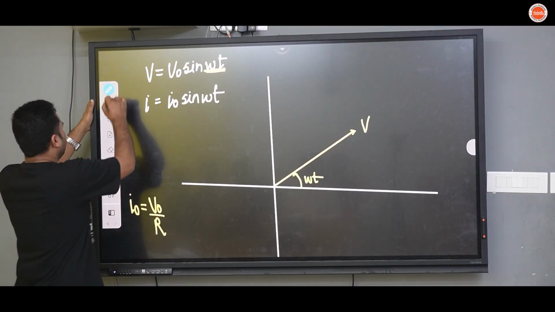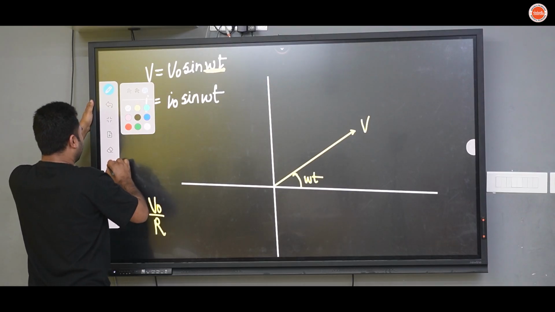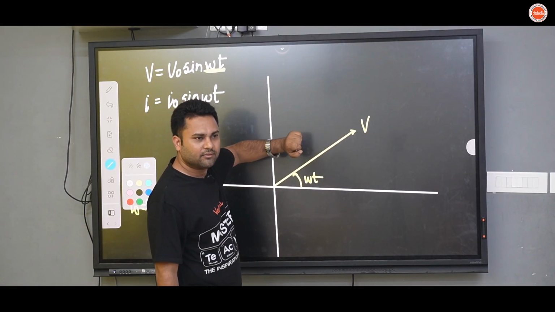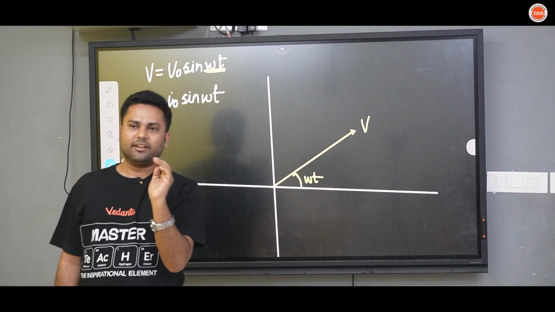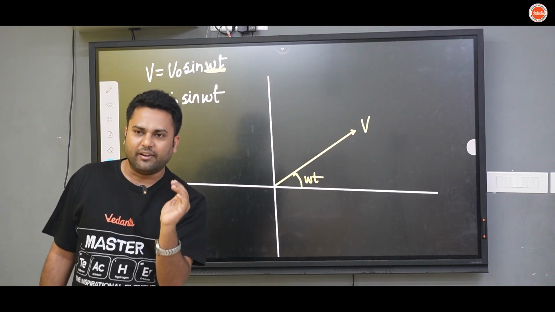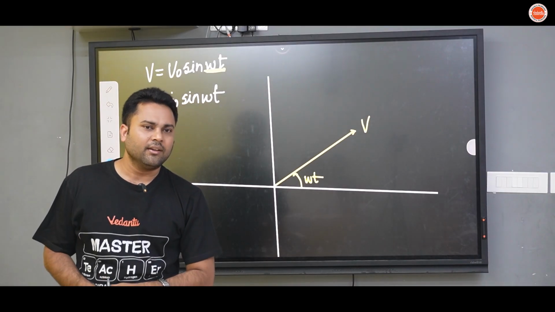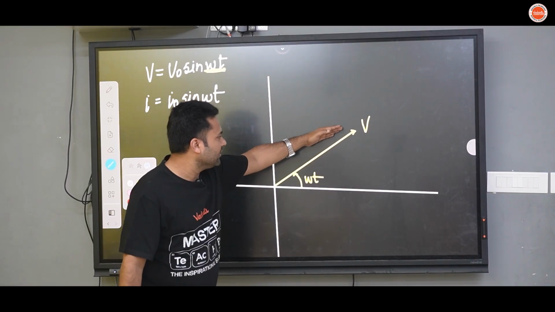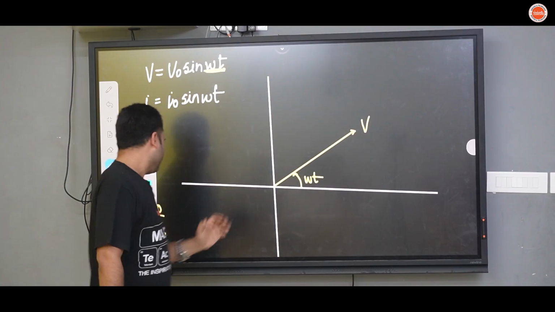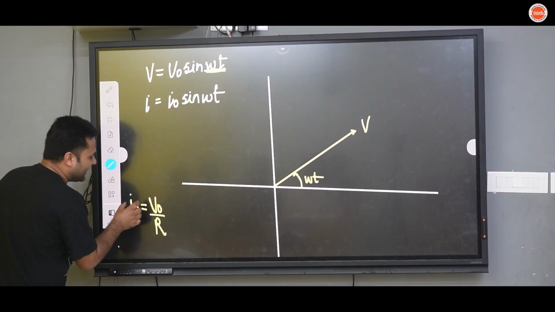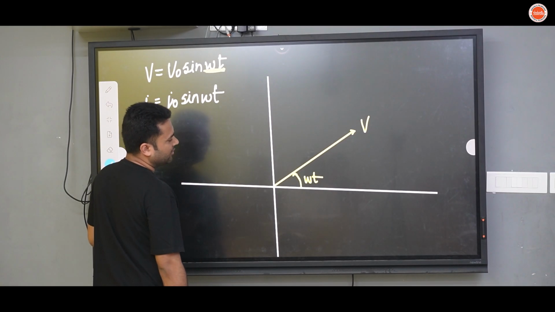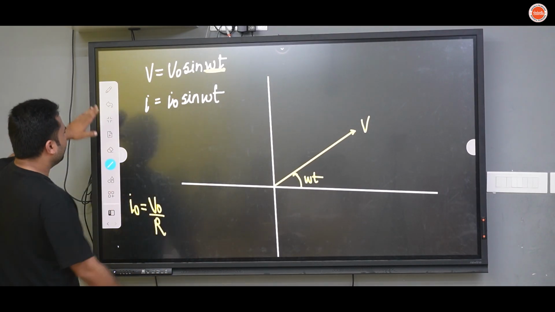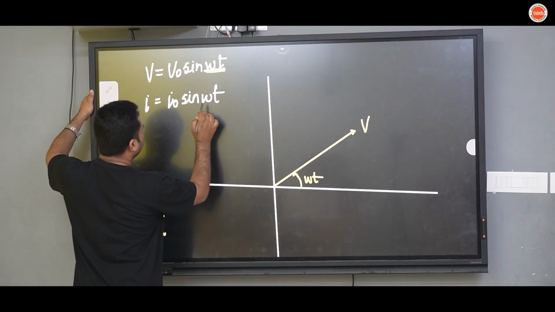This means that when I represent current as a vector quantity, I will draw its length smaller than this length. Why? Because its maximum value, I naught, is less than V naught. Second, what will be the angle for this current? Again omega t.